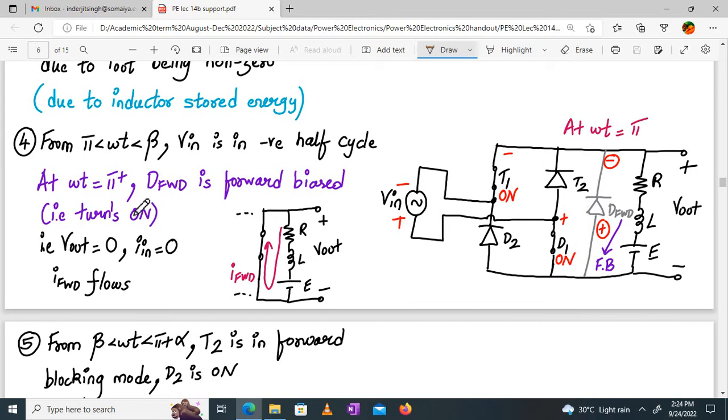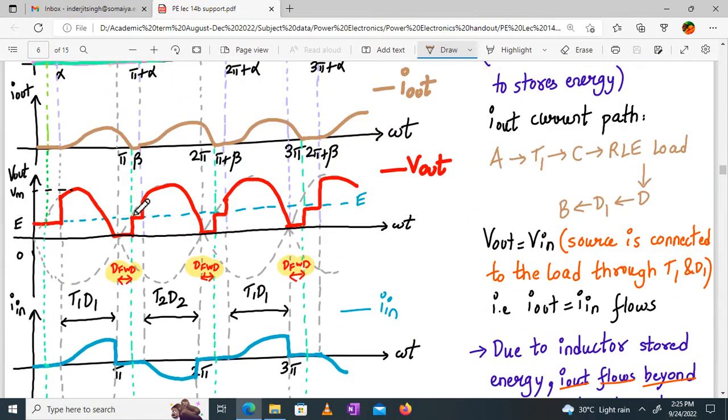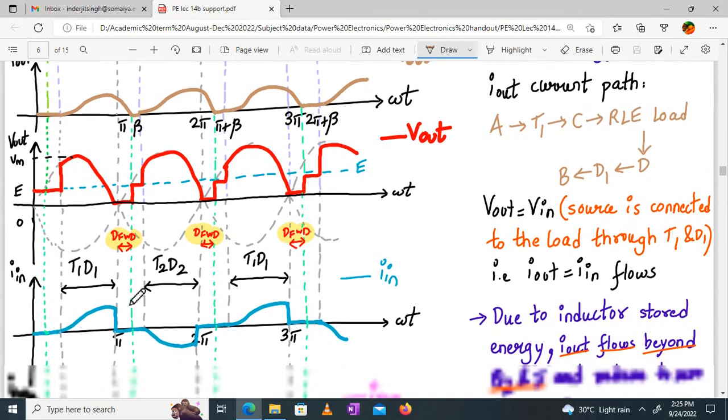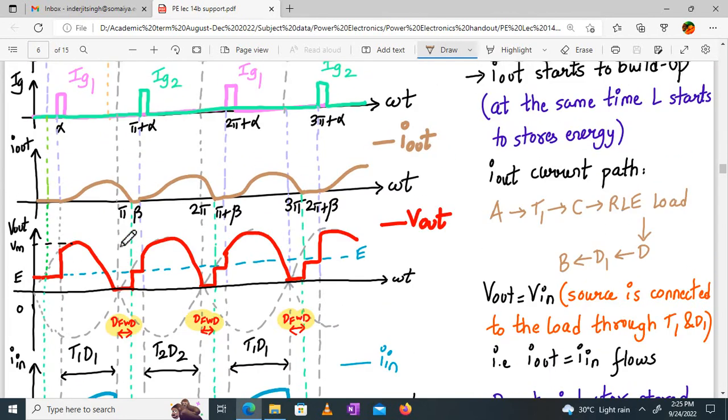This happens from pi to beta. Your freewheeling diode is on, your I in current is zero, and your I out will be zero at omega t equal to beta. From pi to beta, I out will continue to decrease, and at omega t equal to beta, it will be zero, right? That's how the working of the RL load is.